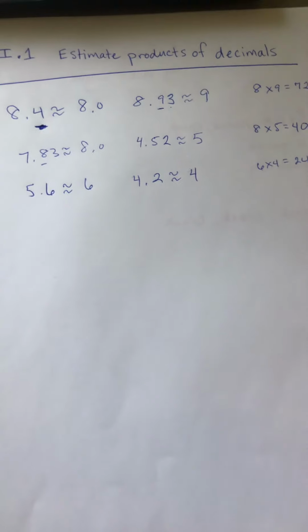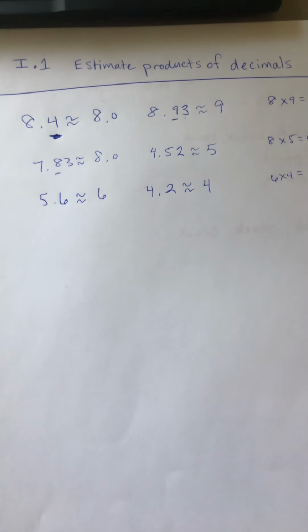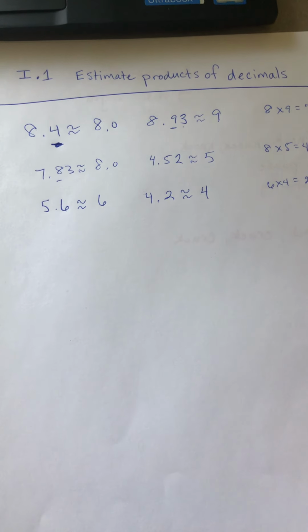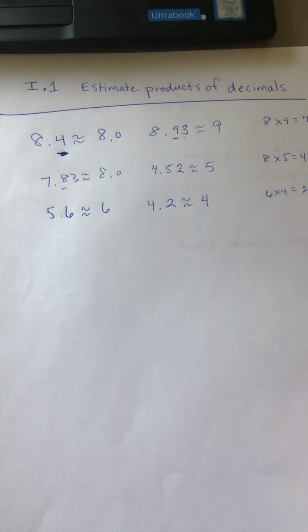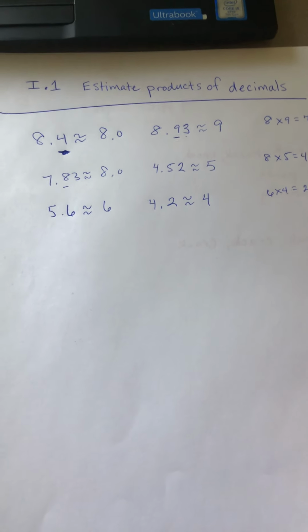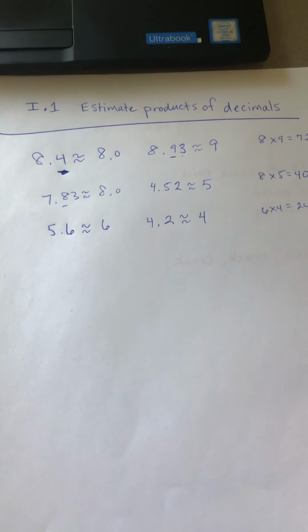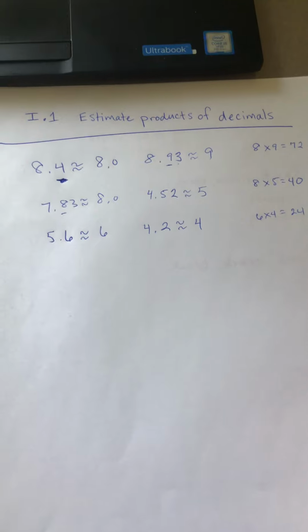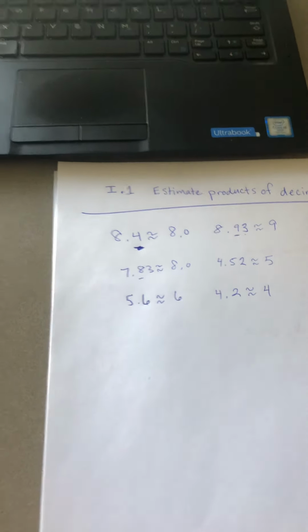Okay, so it helps us really do math quickly in our head, or when we're solving problems, it helps us understand if an answer is reasonable. Okay, if an answer is not reasonable, but we know our estimation is correct, then something is off, and it helps us avoid making mistakes.